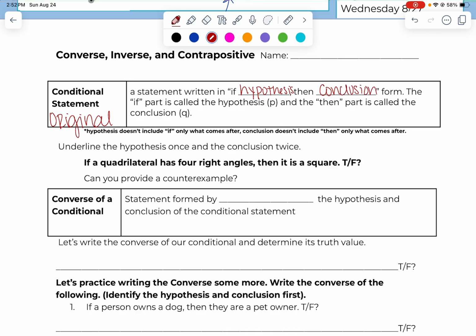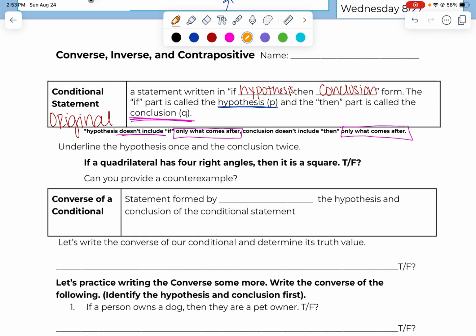Now, anything after the word if is the hypothesis P. Anything after the word then is the conclusion Q. Remember, it does not include if and then. It's only what comes after.